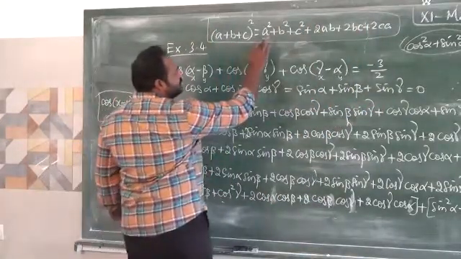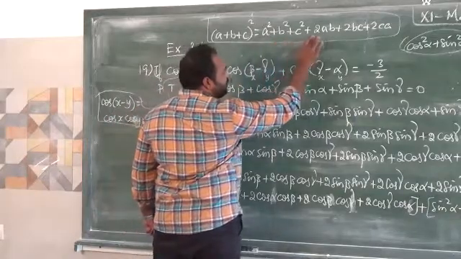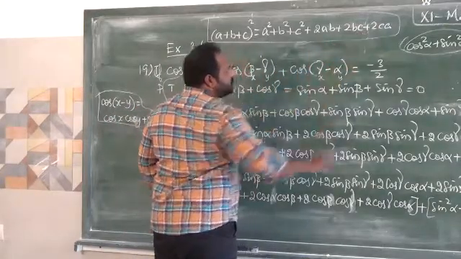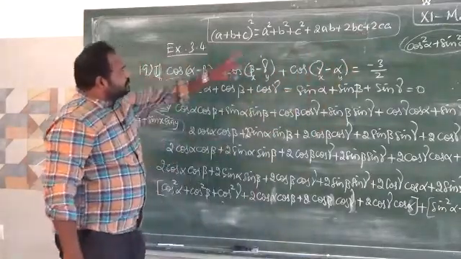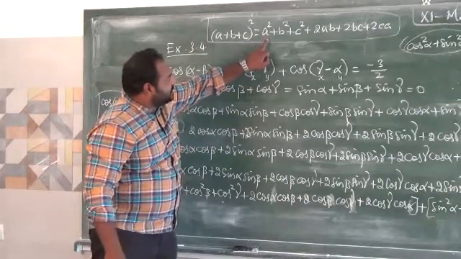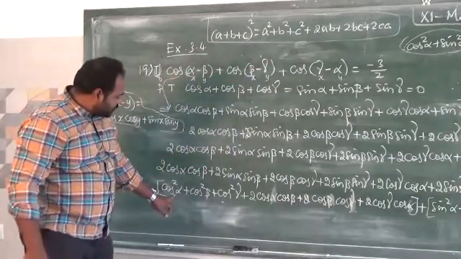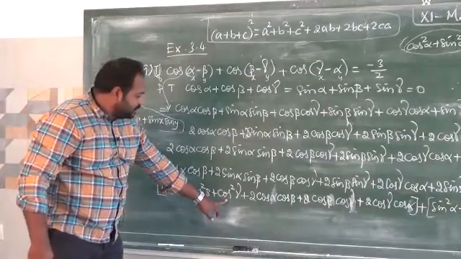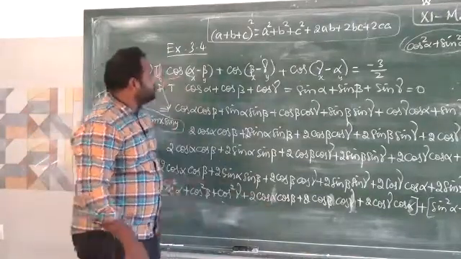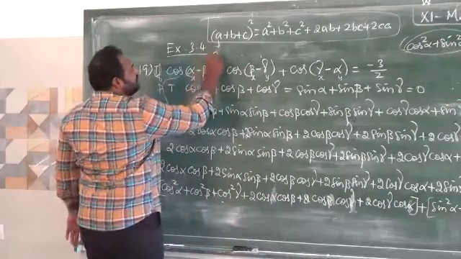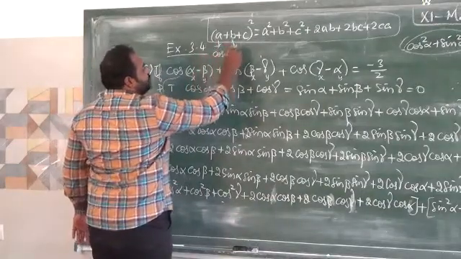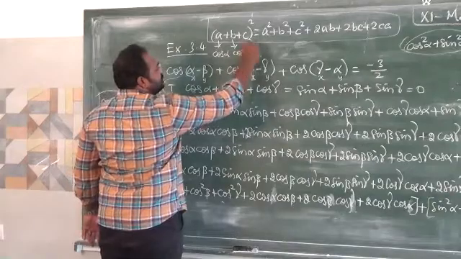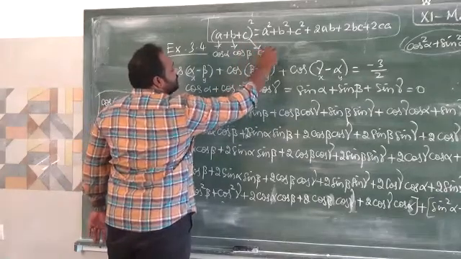Here, instead of a square, we have cos square alpha. Instead of b square, cos square beta. Instead of c square, cos square gamma. So here we consider a as cos alpha, b as cos beta, c as cos gamma.